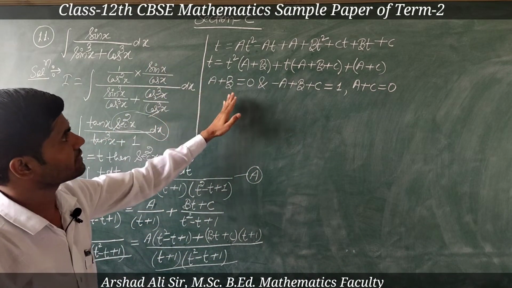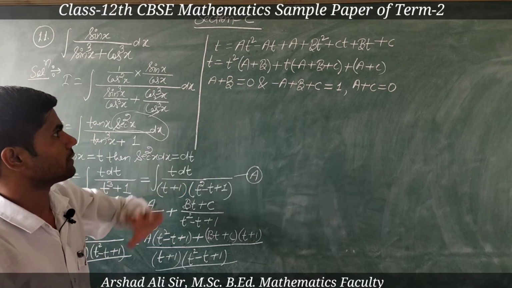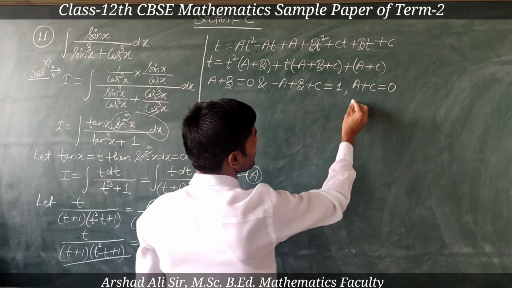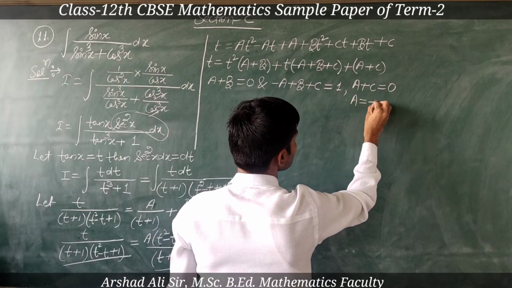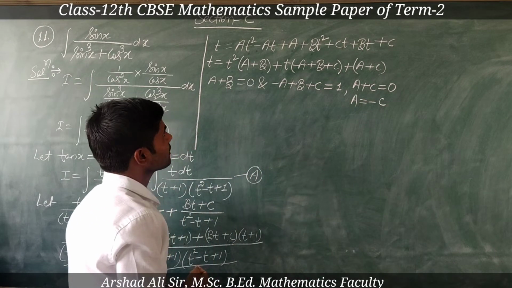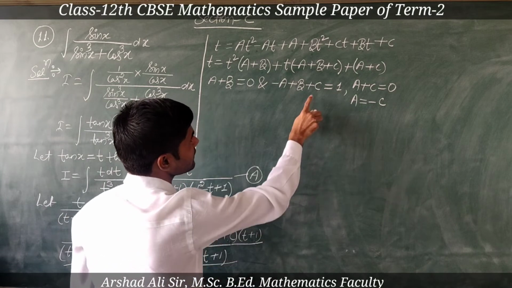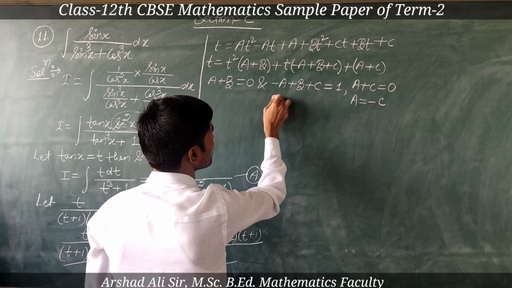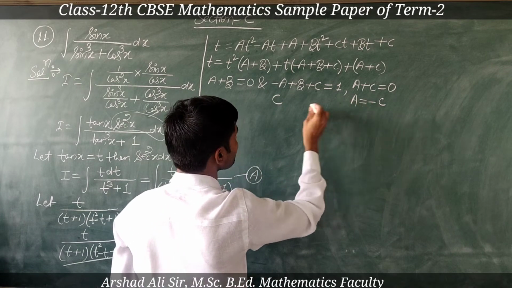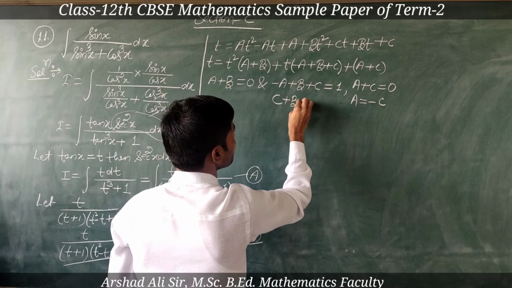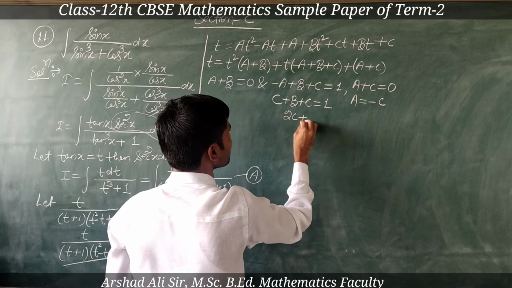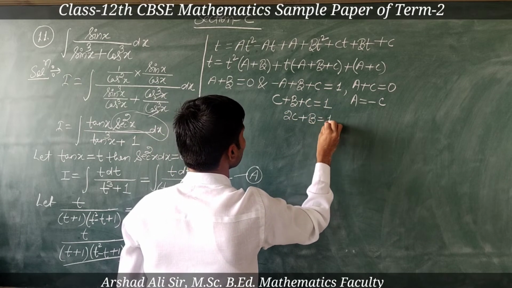So we have these three equations in a, b, c, and we will have to solve these equations. Can we write a is equal to minus c? If we write a equal to minus c, we can put here minus a, it means plus c, minus a means plus c, plus b plus c is equal to 1, it means 2c plus b is equal to 1.